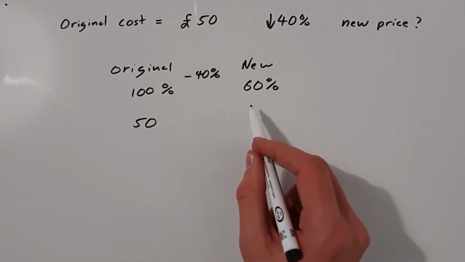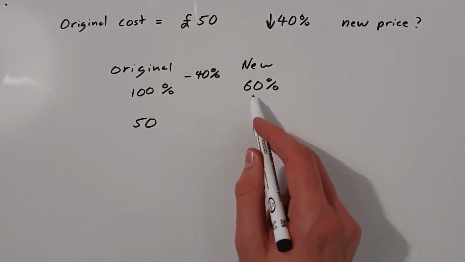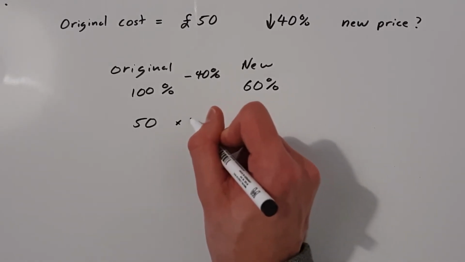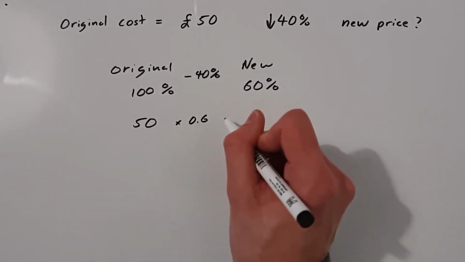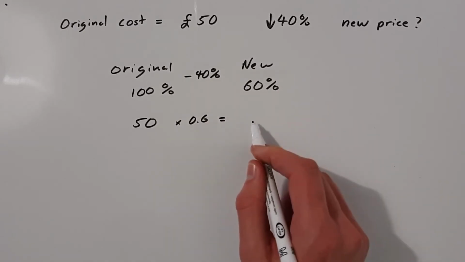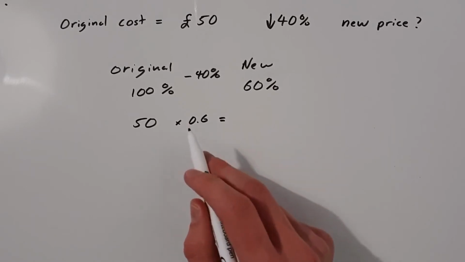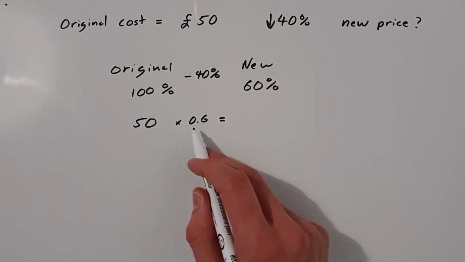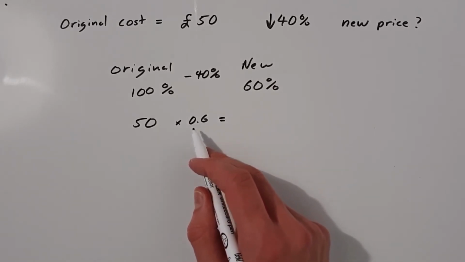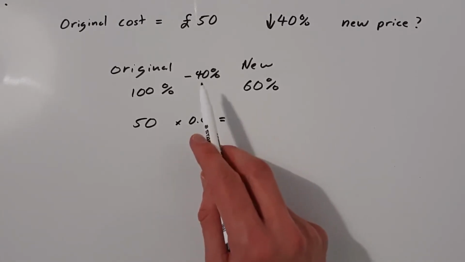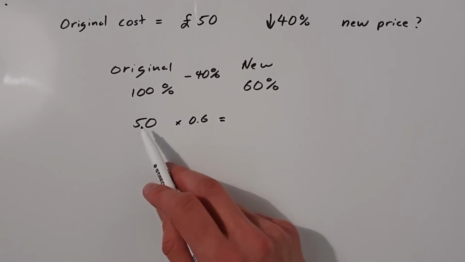Okay, so we can work this out the exact same way. We could convert that to a decimal. That would be 0.6. So if we had 50 times 0.6, that would give us our answer. And if you have a calculator, this sort of thing becomes really, really easy. But if you don't, the perhaps slightly simpler way you can work this out, this is how I would do it if I was doing it in my head, you would say, okay, well, let's work out what 40% of 50 is.